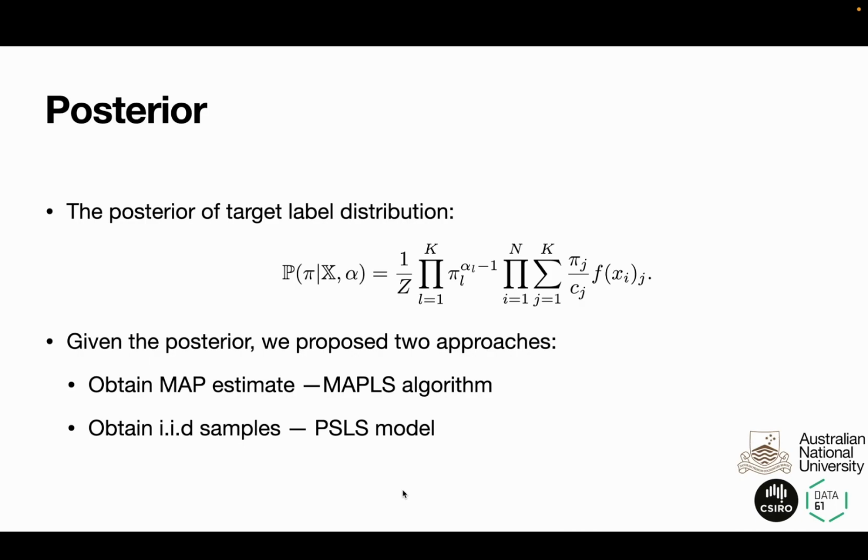Given the Dirichlet prior and other available data, we can construct the unnormalized analytical posterior of the target label distribution. With the analytical posterior, we can either obtain a MAP estimate as the point estimate of the target label distribution pi, or we can use a Markov Chain Monte Carlo method to obtain IID samples of the posterior of pi.